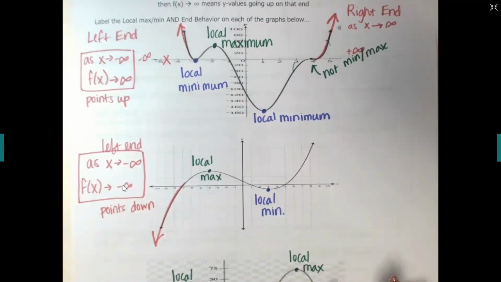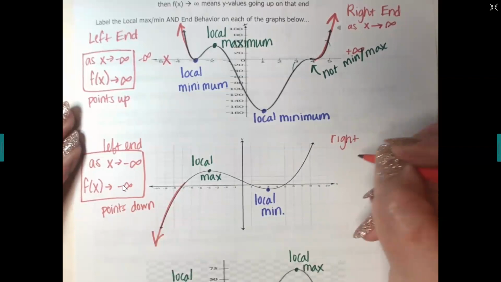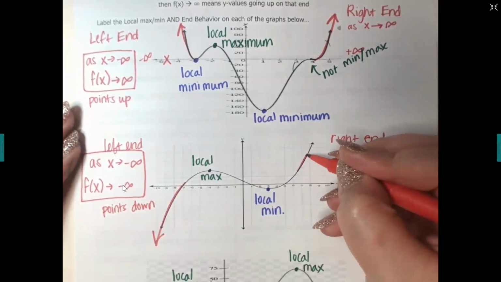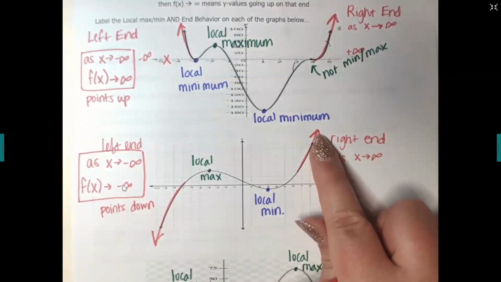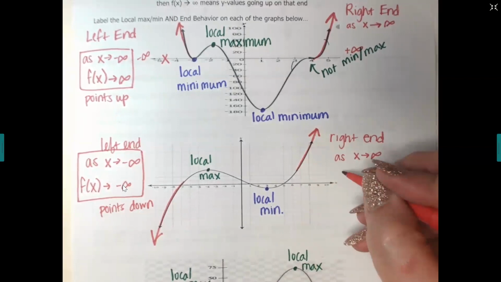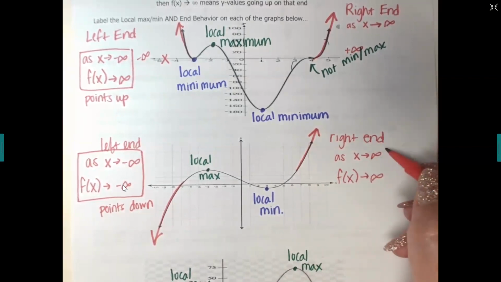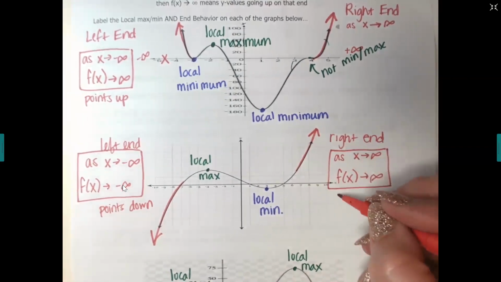Now let's take a look at the right end of both of those. If I want to be on the right end, then I'm going to do x approaching infinity, and then I'm going to look and see which way that end is going. If that end is traveling up, then I would say my f of x is going up towards infinity. So this means my right end points up.